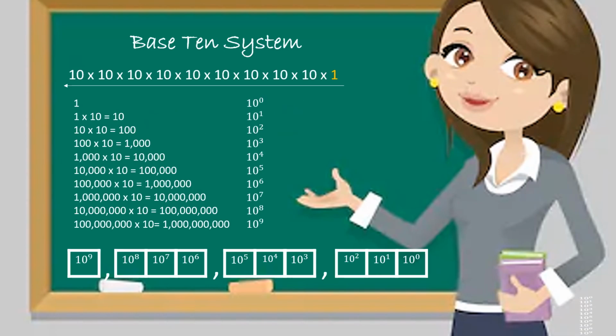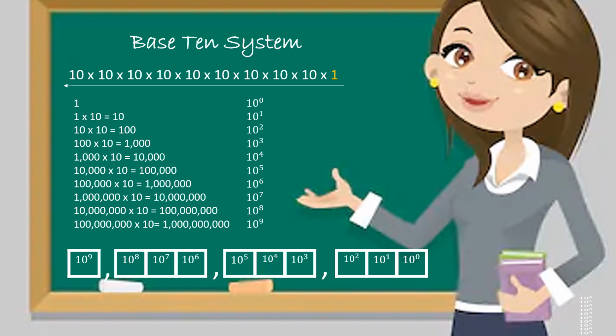Base 10 system is simply multiplying that number by 10 and so on. So let's say I have 1. I will multiply it by 10 and now I have 10. That 10, I will multiply it again by 10, then I have 100. 100, I'll multiply it by 10, then I have 1000.